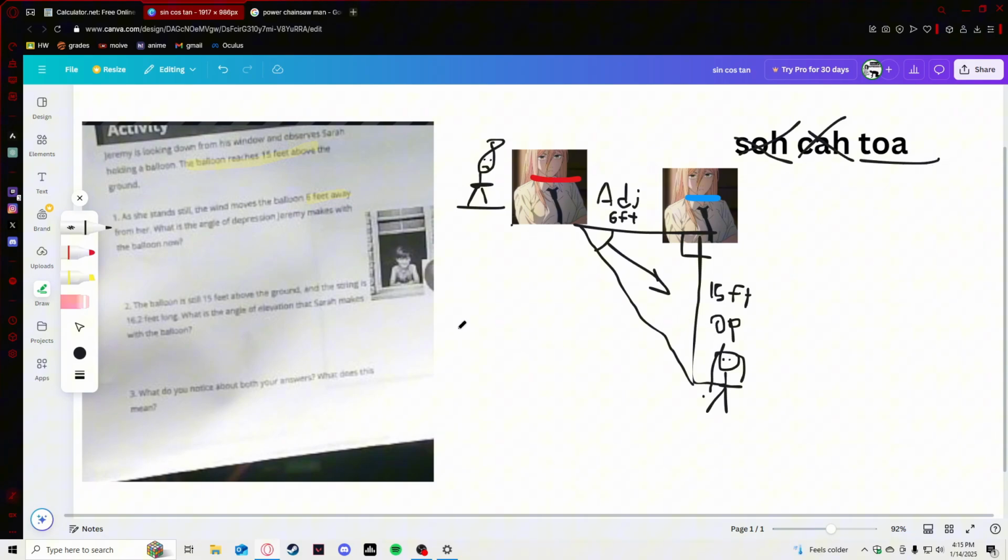So we would put in our calculator tan minus 1 in parentheses 15 over 6. And because we already did this question before, we already know the answer, which is 68.